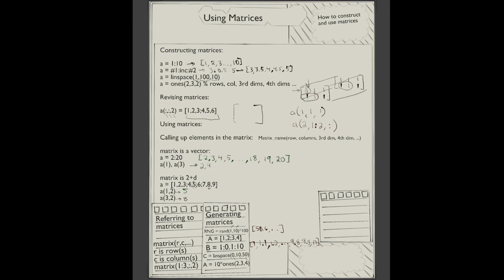And then A equals 10 times ones of 2, 3, 4. This will be a tens matrix. So they all have value 10 with 2 rows, 3 columns, and depth of 4. So 2 rows, 1, 2, 3 columns with values of 10 in each of these spots.